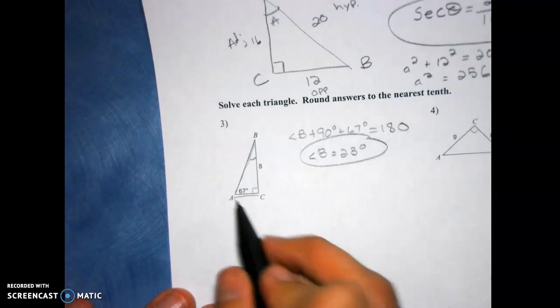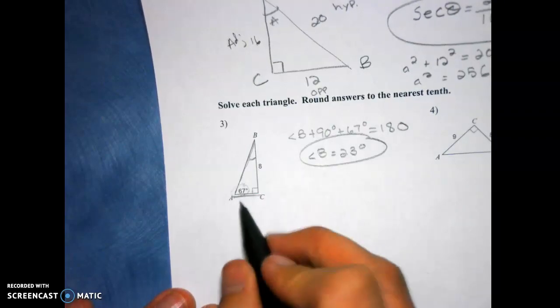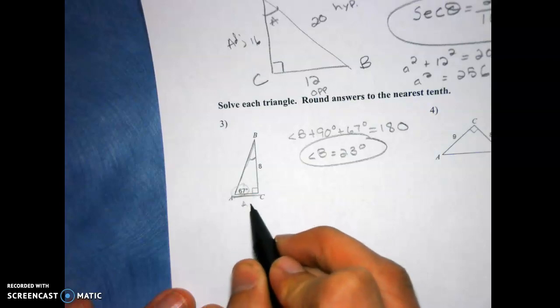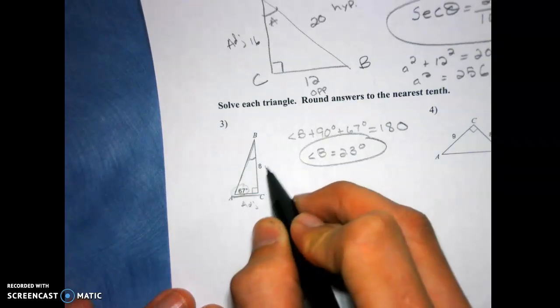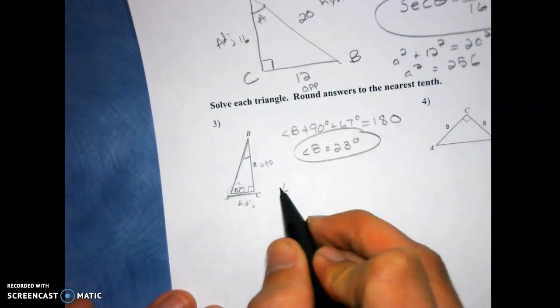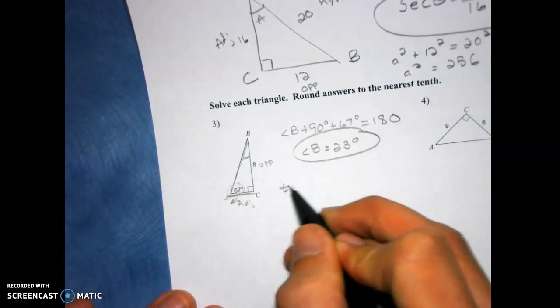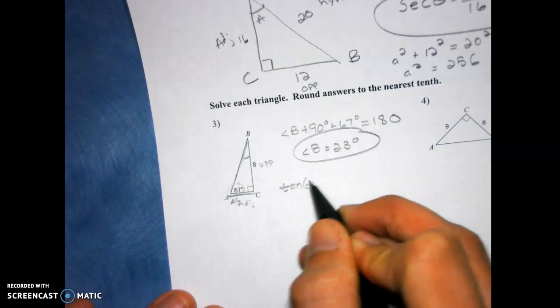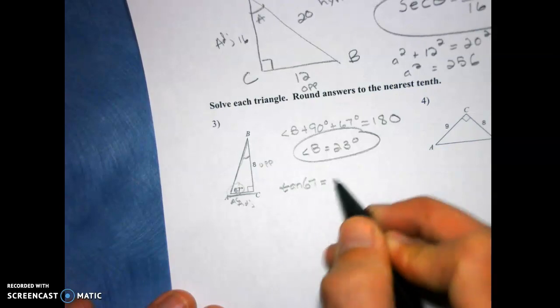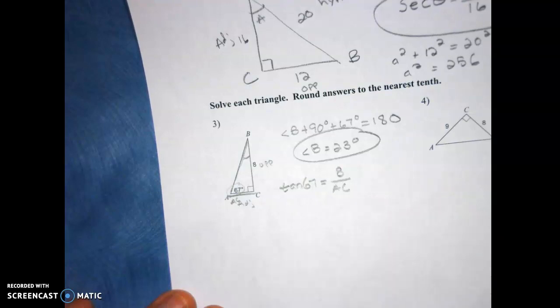Okay, now let's try to find this AC. Well, here's the angle I'm going to use. According to that angle, this is adjacent, this is my opposite. Well, which trig ratio has opposite and adjacent? Tangent. So for this one, we're going to find AC. We'll label this AC. So we're going to have tangent of 67 is equal to opposite, which is 8, over AC. And now I want to solve for AC.